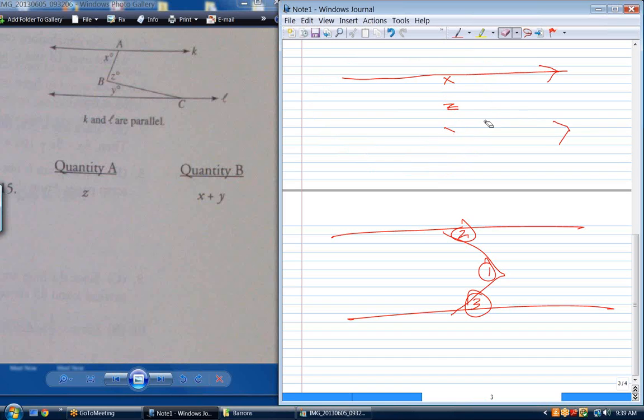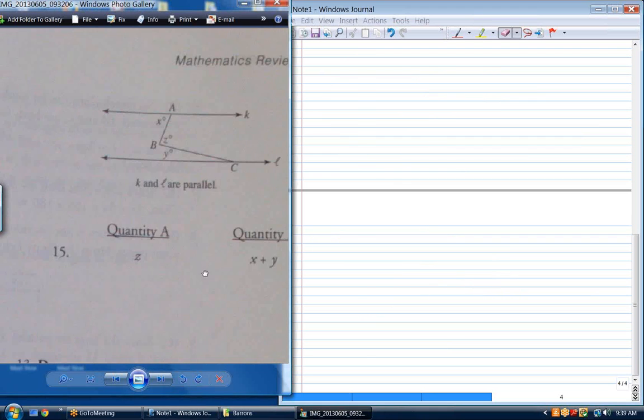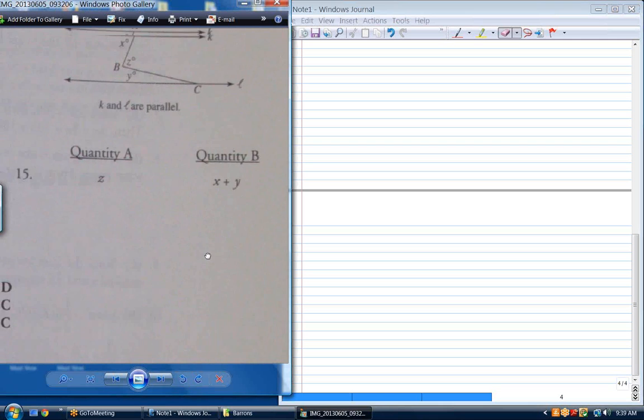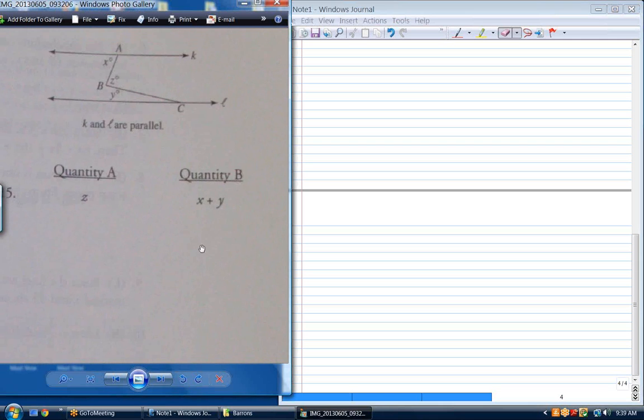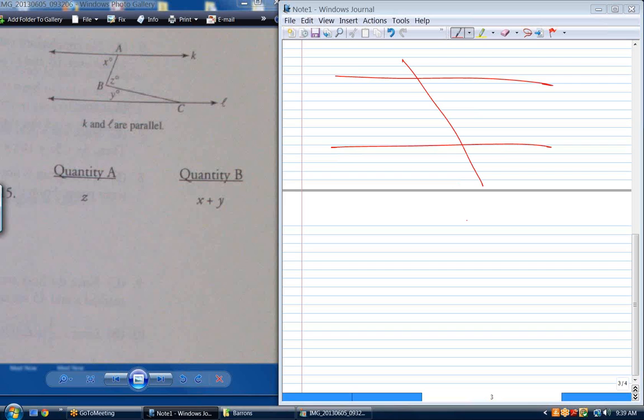In other words, parallel lines with transversals comes up so frequently in these tests that you definitely want to be really good with parallel lines and transversals. And it's not that hard to be good because you really only have two angles.